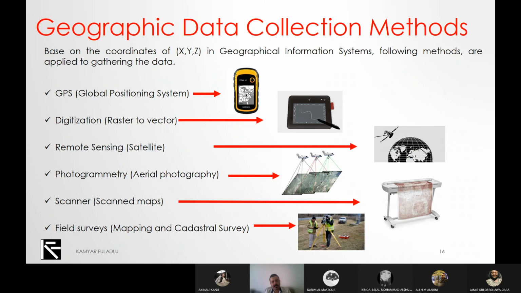It could be done by leveling, by theodolite, by total station. We have different programs. Even nowadays we have a laser scanner, which you can put and start to observe and make a point cloud, and then you are able to transfer it to the map. These are, let's say, the 6 main methods.